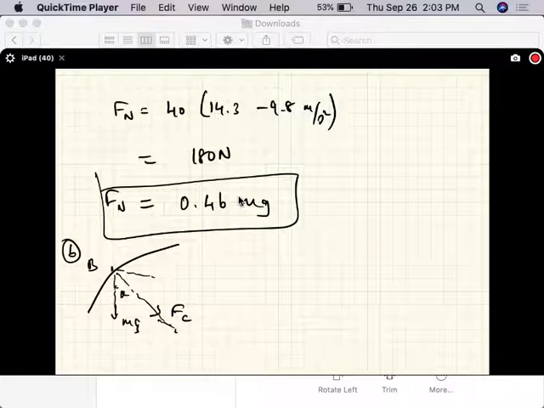There's mg. The car seat will have to apply a force in that direction.